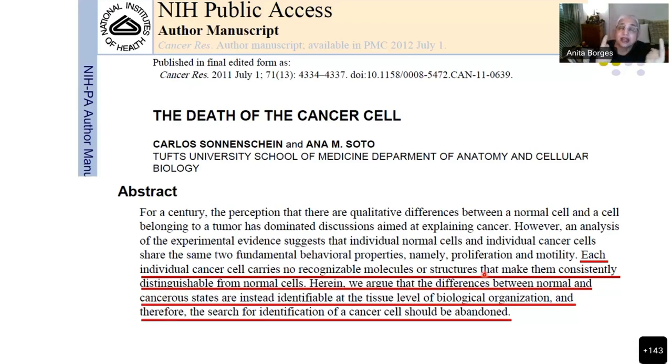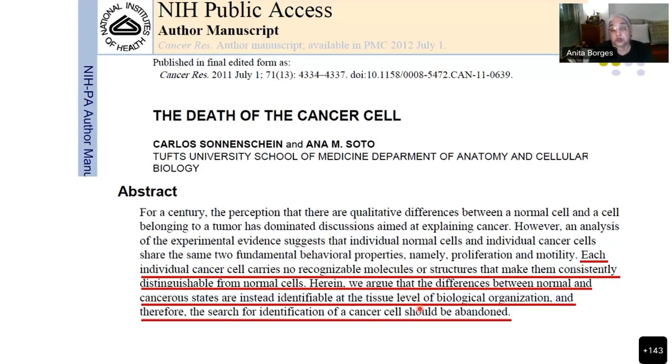So what is that one consistent thing that says that if it is there, it will be a cancer? The answer is, it doesn't seem to be that one consistent thing. So here they argue that the differences between normal and cancerous states are not identifiable at the level of the cell, but identifiable at the tissue level of biological organization. Okay?